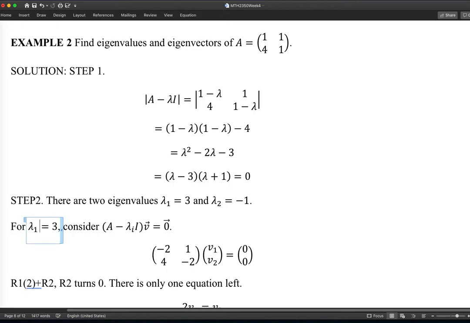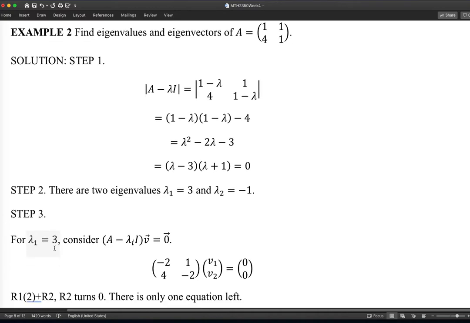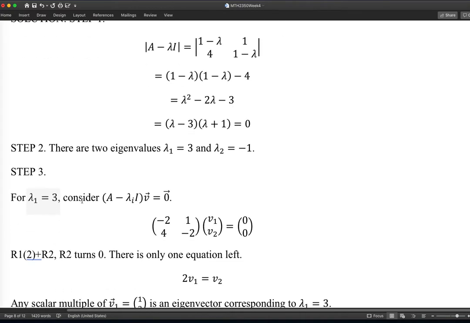And then step 3, you really need to work with each eigenvalue. For each eigenvalue, there is a set of eigenvectors. Usually you only need to identify one or two. I should have mentioned that for each eigenvalue, the corresponding eigenvectors form a vector space.